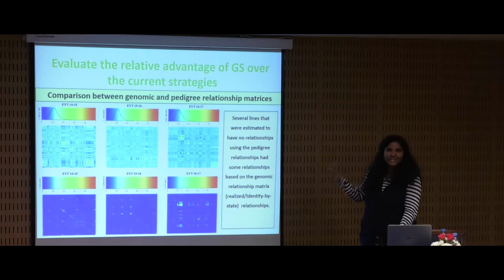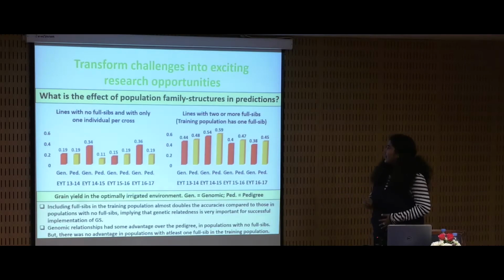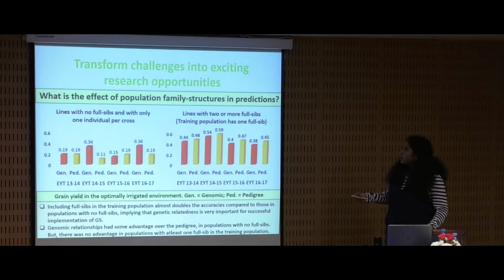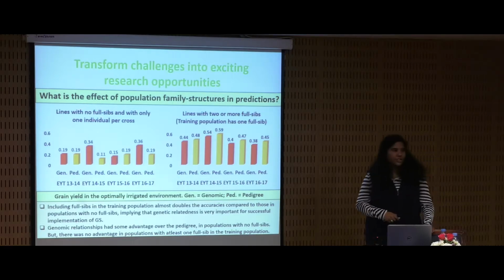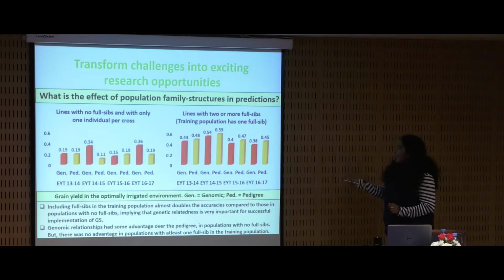That's what it has to do. It's doing that well. And we did this analysis comparing what happens when you don't have any full sibs in the training population, and if you just have one individual cross, and what happens if you make predictions with 2 or more full sibs, so that you have one full sib in the training population and use that to predict all the other full sibs in that population.